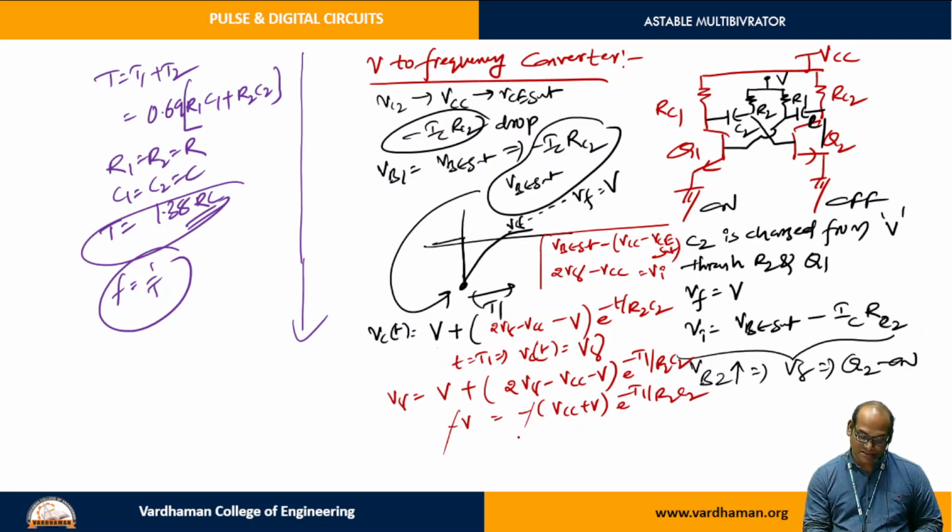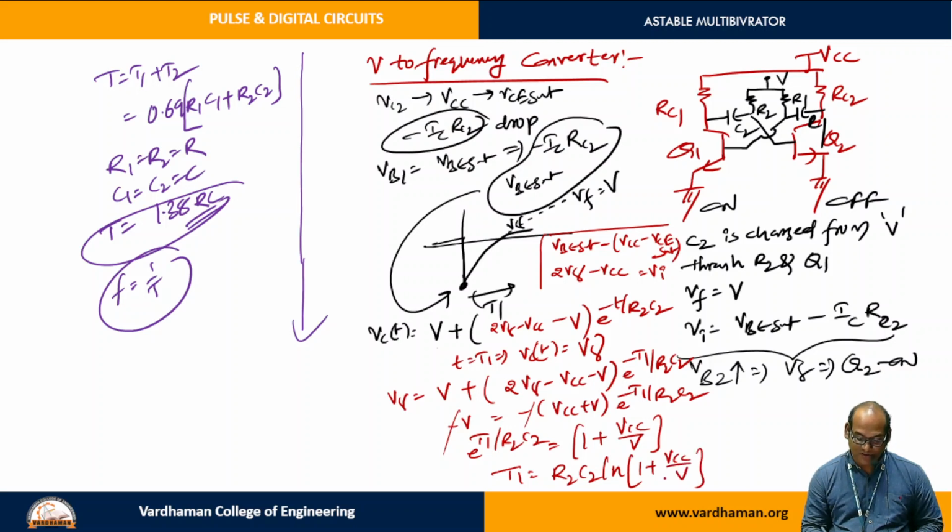So this minus will be cancelled. You can send this exponential to the left side. So e power T1 by R2C2 equals 1 plus VCC by V. If you take the natural logarithm, T1 is equal to R2C2 ln of 1 plus VCC by V. This is just T1.